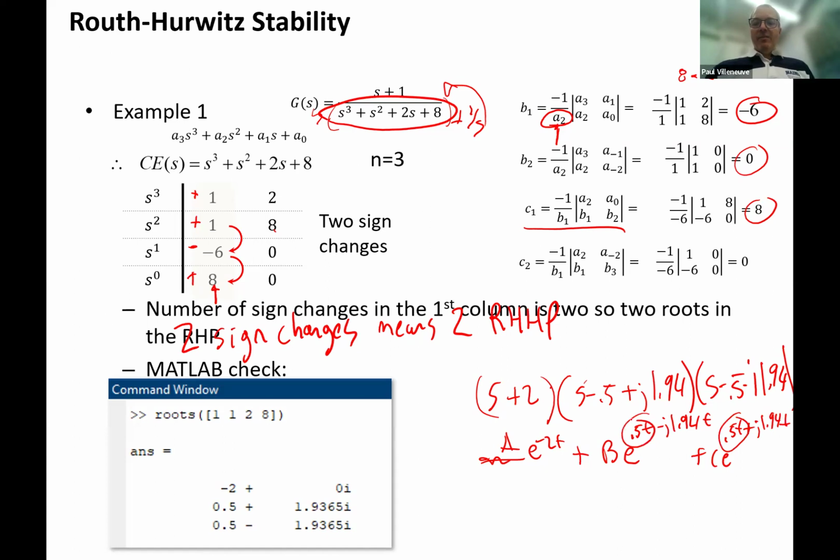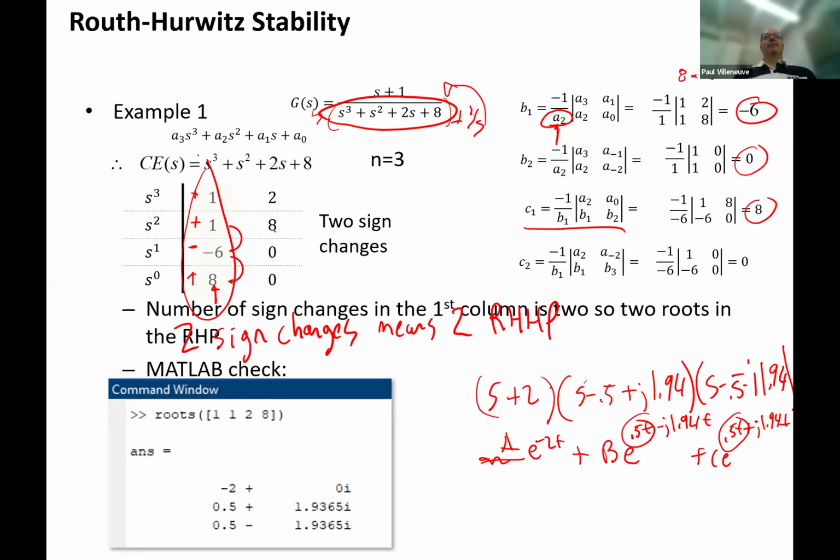What happens as time increases? They increase too. Yep, which means it's unstable. Right there tells me there are two poles in the right-hand half plane.